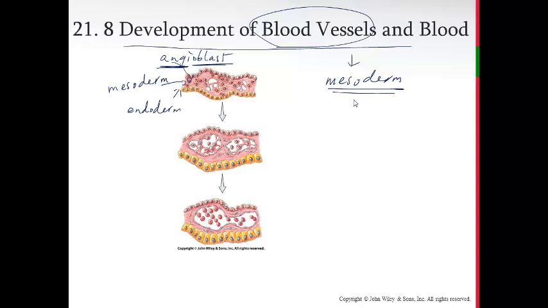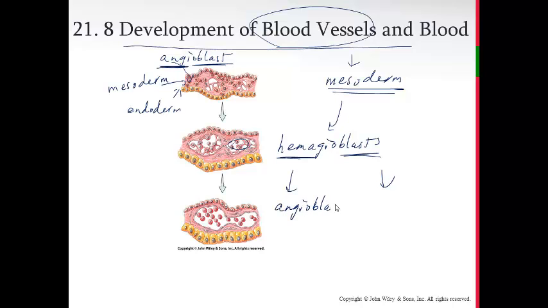And from the mesoderm, you will see that we have these very specialized cells. The blood cells are in here. Some are also called hemangioblasts. Hema means blood, blast means immature cells, but eventually they will group into their own type of blood cells.